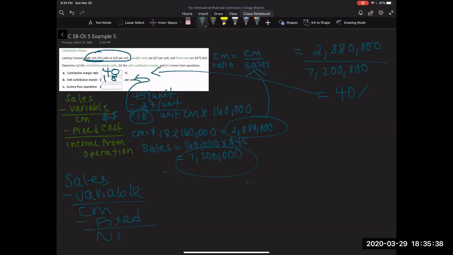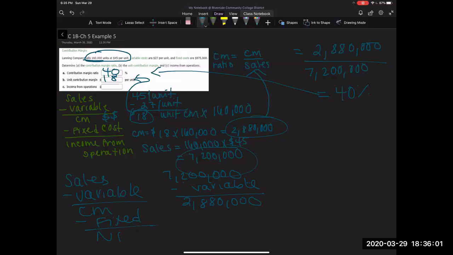Our sales, we figured out, is 7,200,000. Our variable cost, we don't know that, but we could figure it out. But why figure it out when we already know what our contribution margin is, which is the $2,880,000, right?